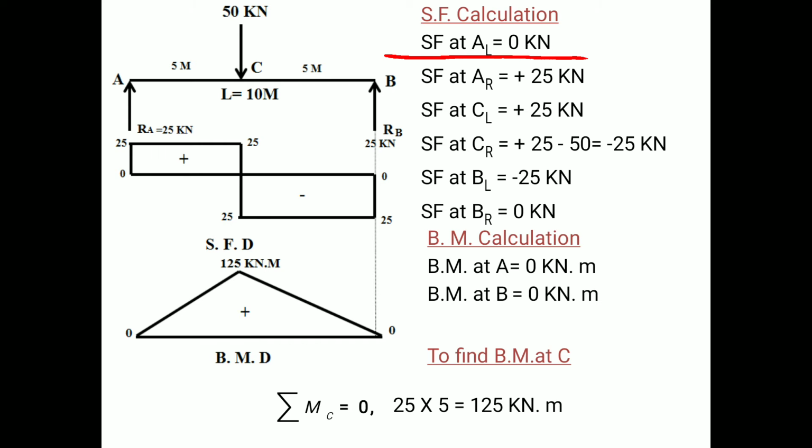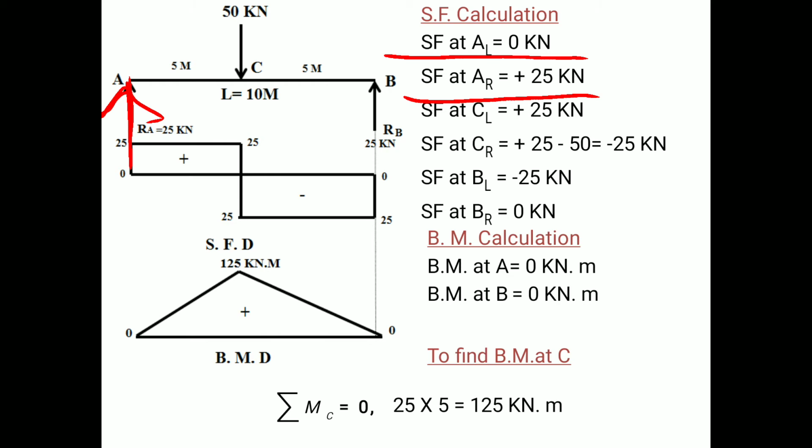Now we are going to calculate shear force at right of A. Right of A means we have to consider the value of shear force just after the point load, on the right hand side. Therefore shear force at right of A is 25 kilonewton, because this RA is acting in upward direction, therefore it will be considered as positive.